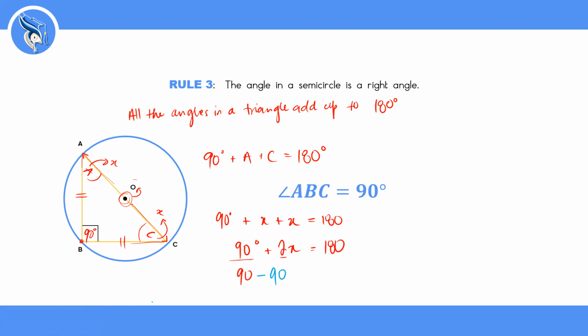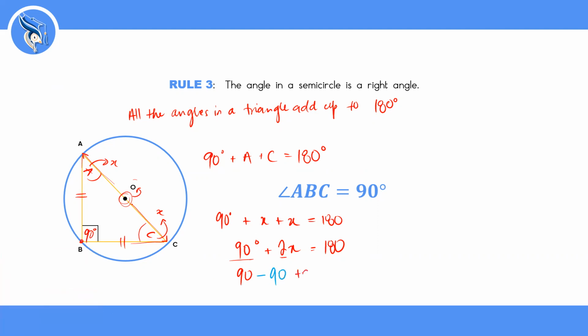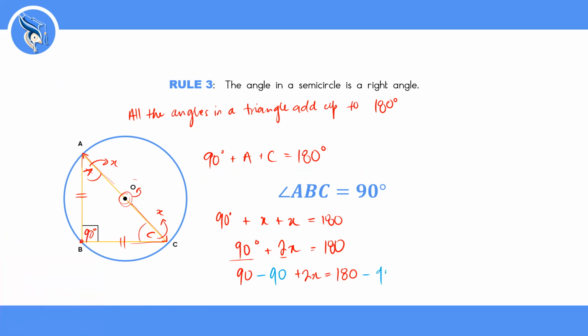So minus 90 plus 2x is equal to 180. And that's still degrees, right? Minus 90. 90 minus 90 is equal to 0. Now I'm going to write the 0 just for now.